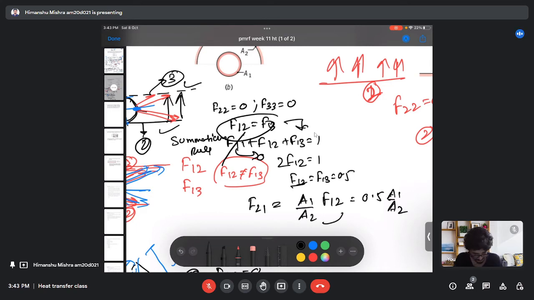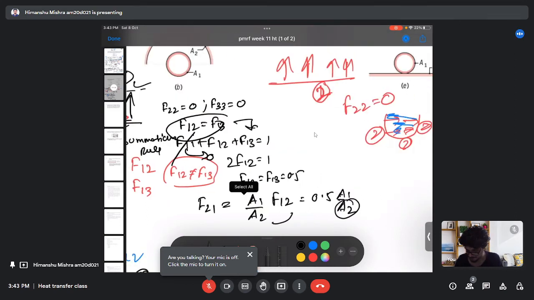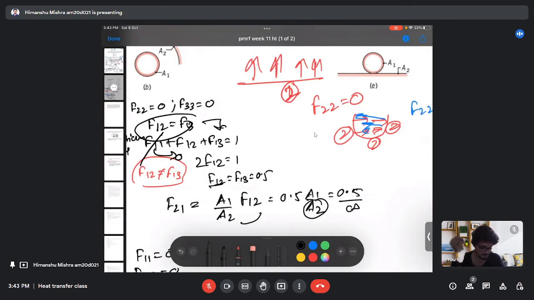Now this surface 2 has infinite dimension. That means my A2 will be infinite, because my surfaces don't have a bounded dimension. So we are actually dividing 0.5 by some infinite quantity. That means my F21 will be 0 here.